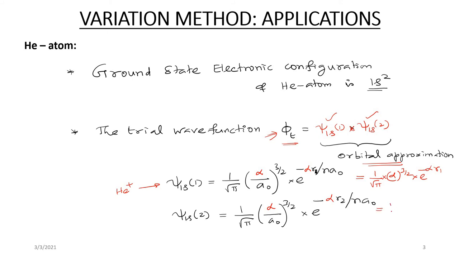Similarly, the hydrogenic wave function for electron 2 can be given as 1 by root pi, alpha power 3 by 2, into e power minus alpha r2. I am going to substitute these two here and multiply, so that we will get the trial wave function.